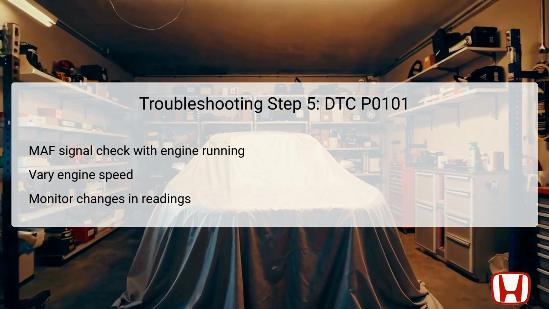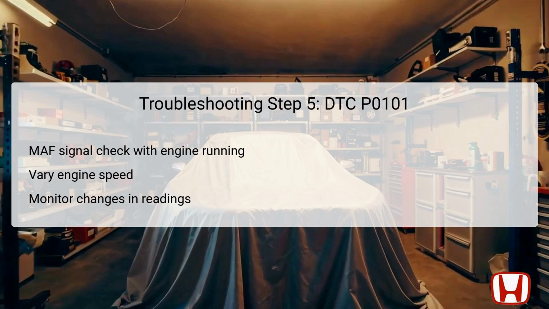In this fifth troubleshooting step, the MAF sensor signal should be checked with the engine running to observe its real-time performance. Start the engine and vary the engine speed between 2,000 and 3,000 revolutions per minute, RPM. During this process, use the HDS to monitor the MAF sensor readings in the data list.